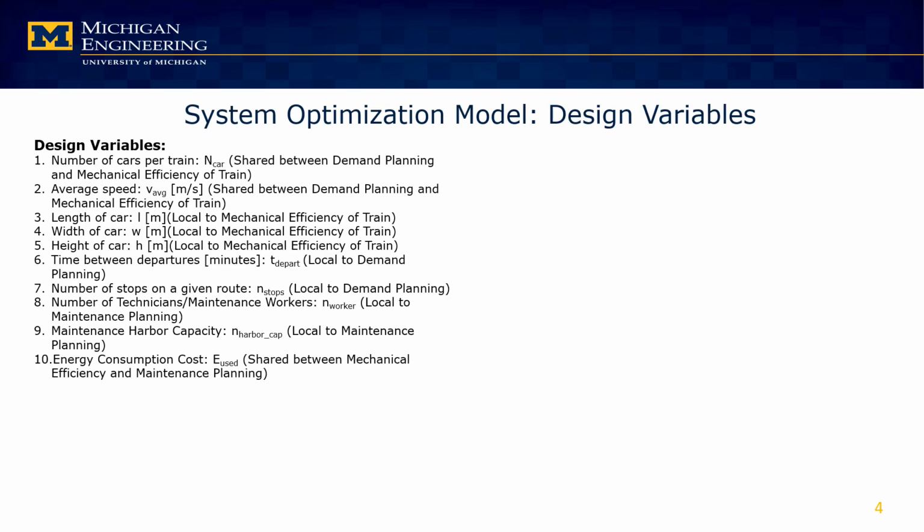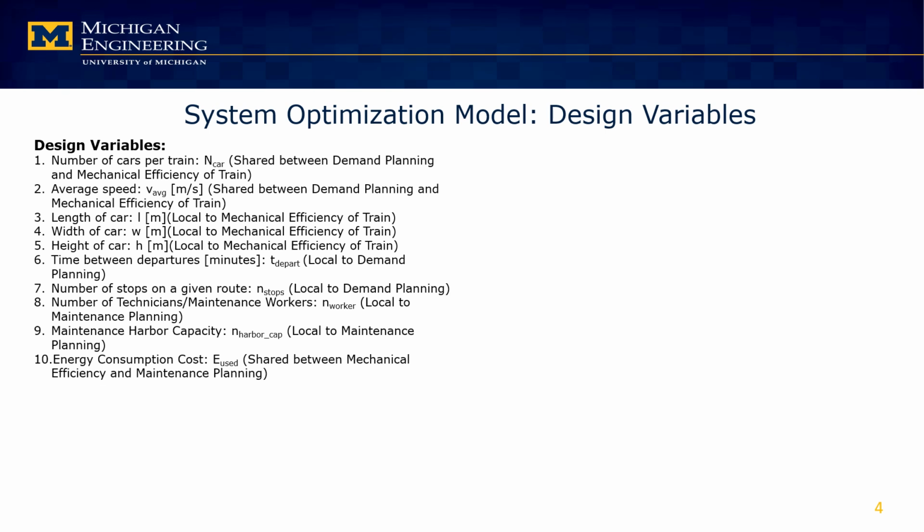In this slide, we present the design variables in our optimization model, which directly impact the objective function of our overall system. These variables are derived from design parameters and are subject to feasible constraints aimed at achieving the best system performance. Variables such as number of cars and average speed are shared between mechanical efficiency and demand planning subsystems. The variable which gives energy consumption cost is shared between mechanical efficiency and maintenance planning.